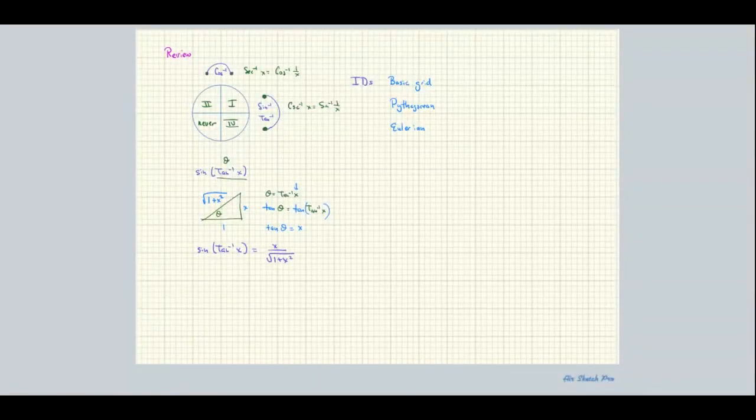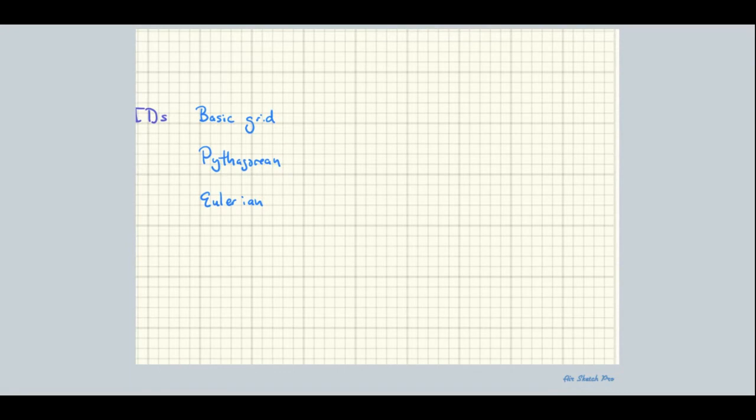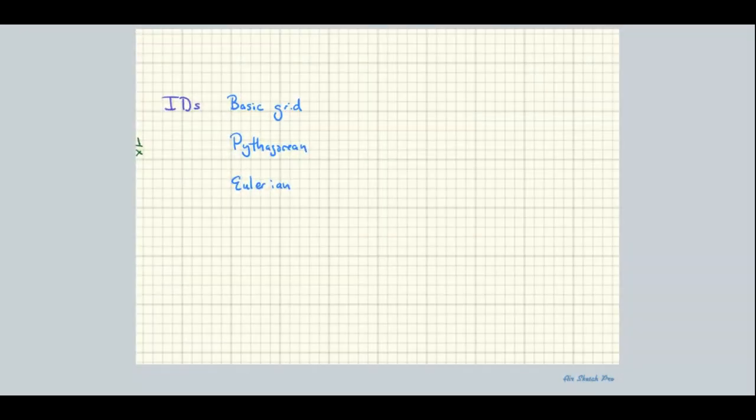Now, we also looked at identities. I can break them into three types: the basic grid identities, the Pythagorean identities, and the Eulerian identities. These are the things I got from the Euler thing.